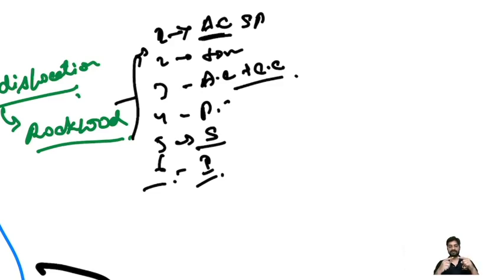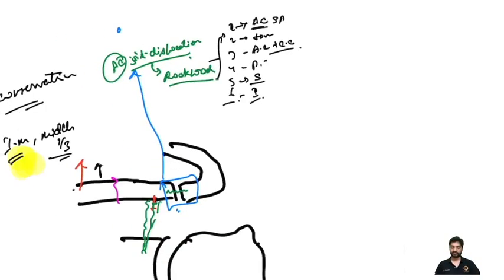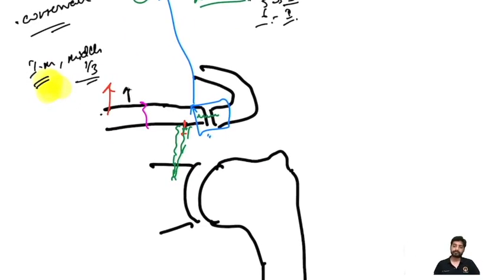So your clavicle and acromion is like this. This is a very important topic, asked in your last AIIMS exam also: which of the ligaments is damaged in acromioclavicular joint dislocation, okay? Your answer will be both the acromioclavicular ligament as well as the coracoclavicular ligament, okay?